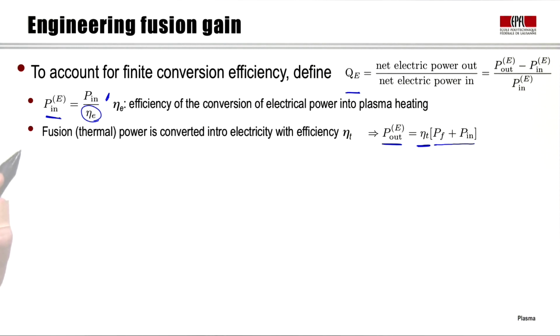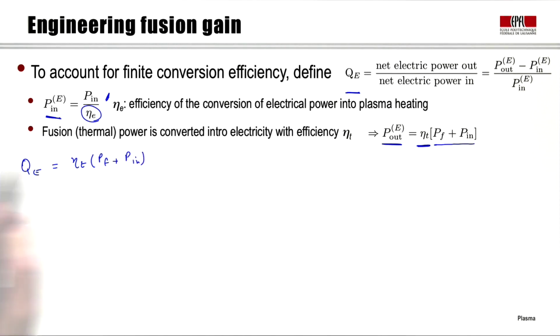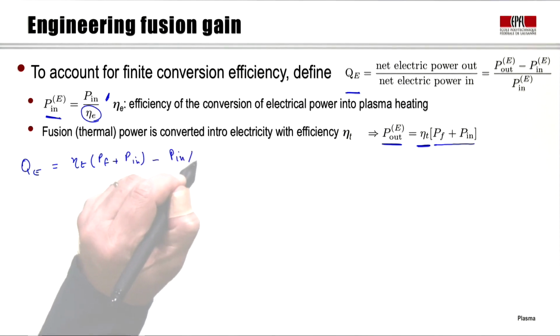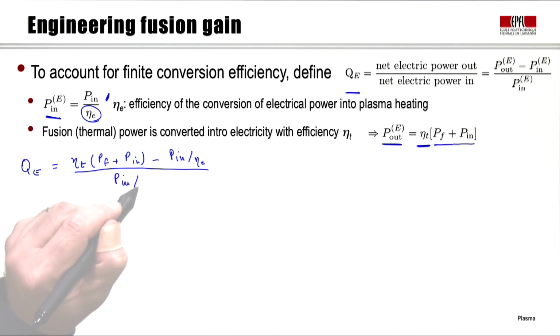So let's elaborate on this engineering Q. QE is equal to eta T times (Pf plus Pin) minus Pin divided by eta E. These two terms are respectively the output power in engineering terms and the input power in engineering terms, divided by the input power in engineering terms.